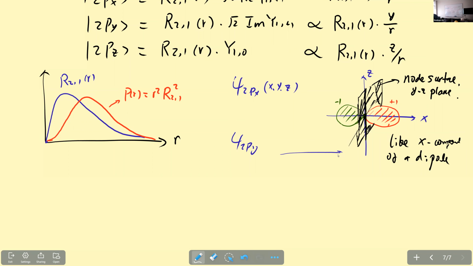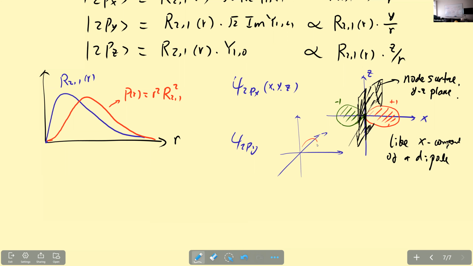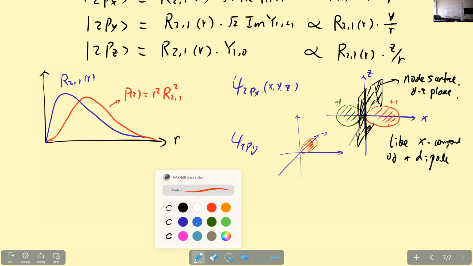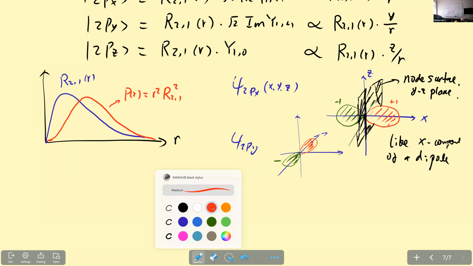You can just plot the axis like this, and then the wave function will go like this. You have a negative right here and a positive sign right here.